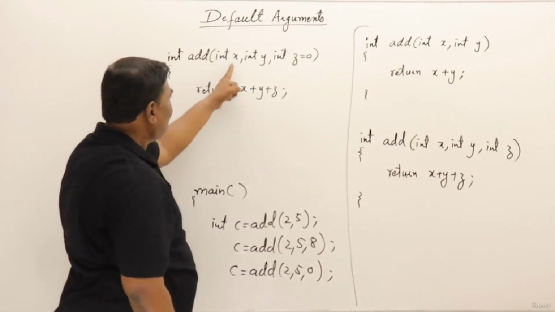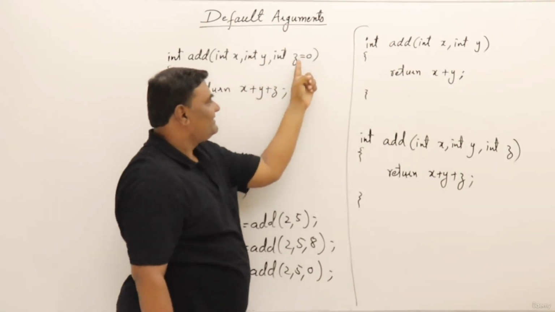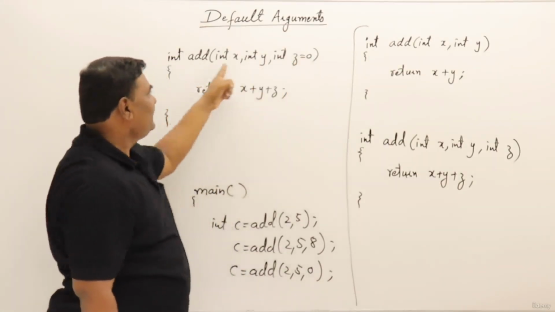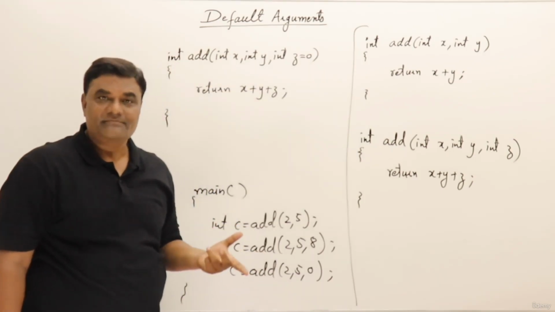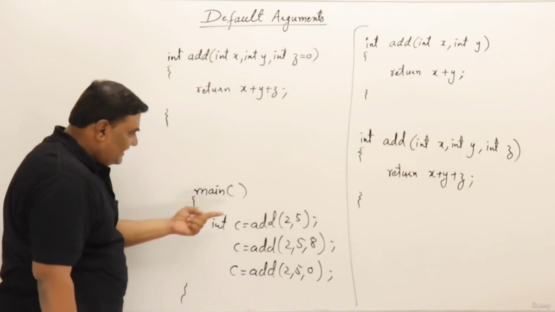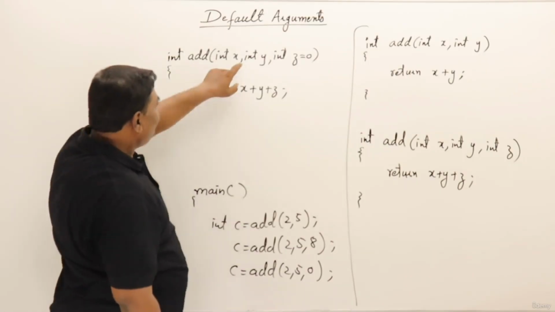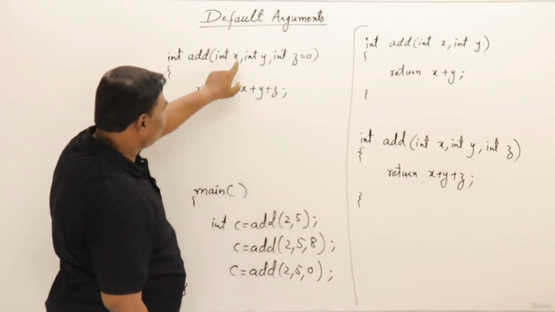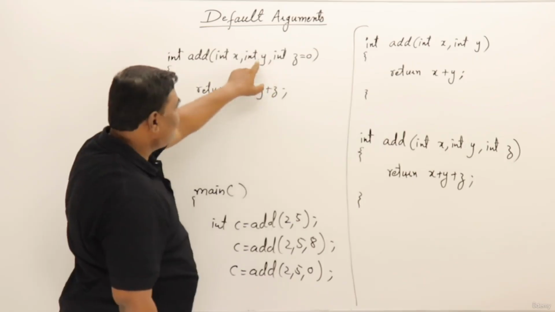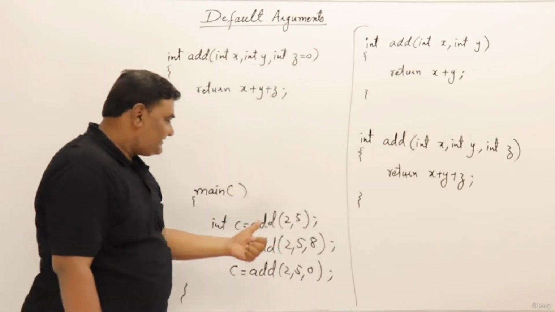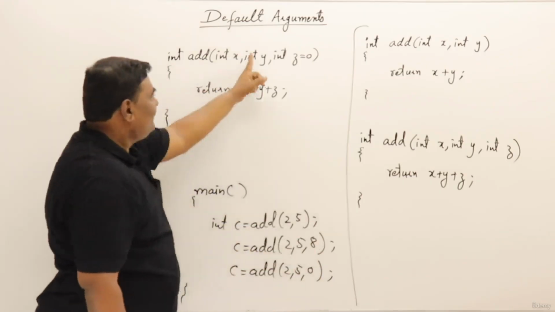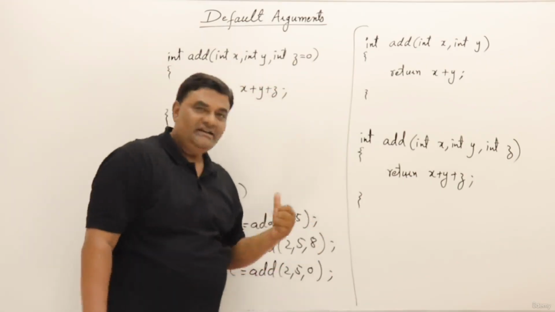Then what I have done here is assigned a default value to this argument within the argument list only, and said that z is 0. So if I call add(2, 5), the same function will be called. This 2 goes into x and 5 goes into y, and z will become 0 because I am not passing it. The second time, add(2, 5, 8), z will take the value 8.